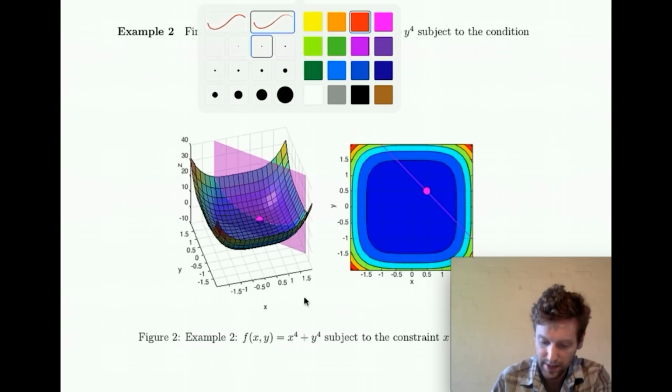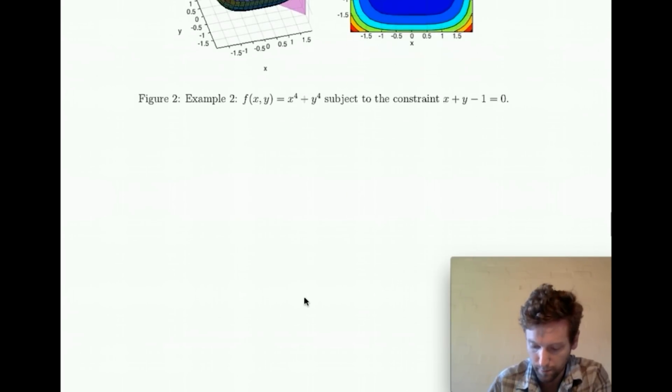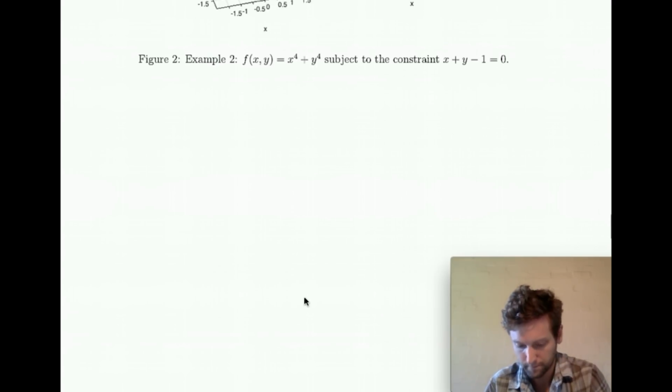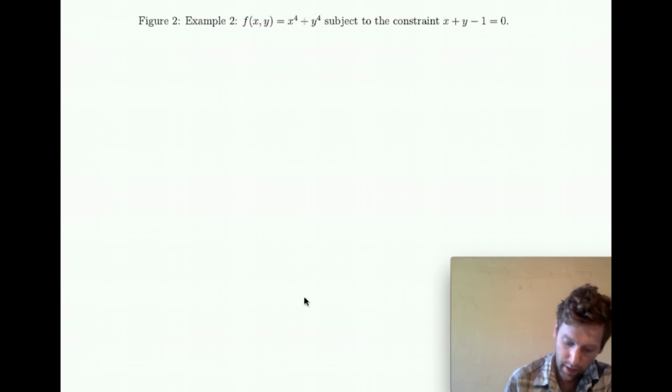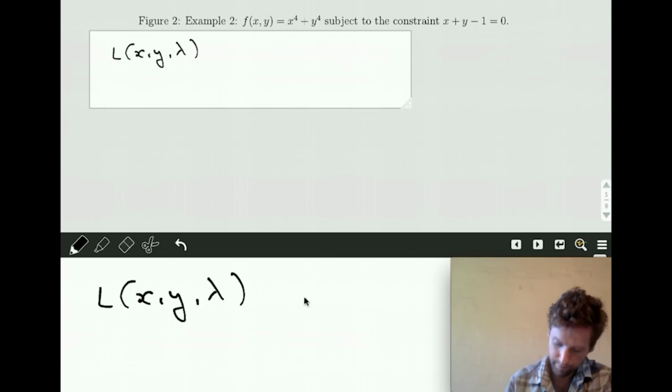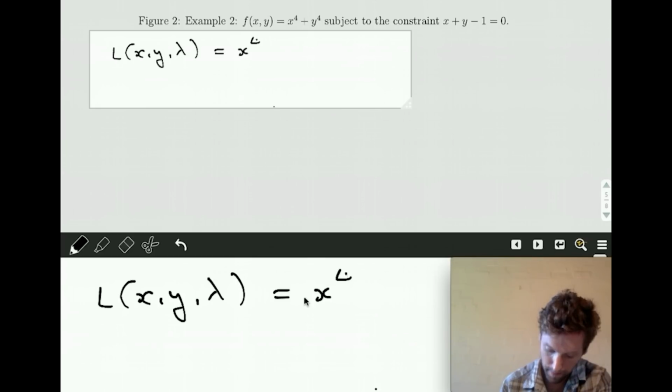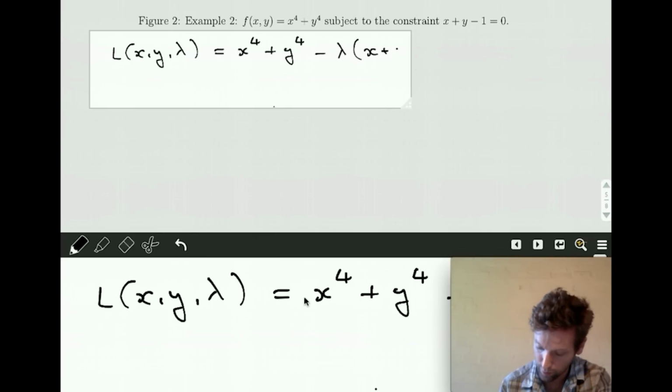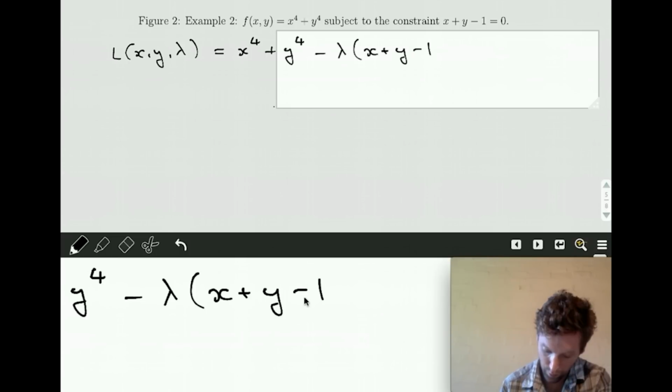So let's once again set up my Lagrangian function for this problem. L of x, y, and lambda is equal to f of x and y, so that's going to be x to the power of 4 plus y to the power of 4, minus lambda times my constraint, x plus y minus 1.